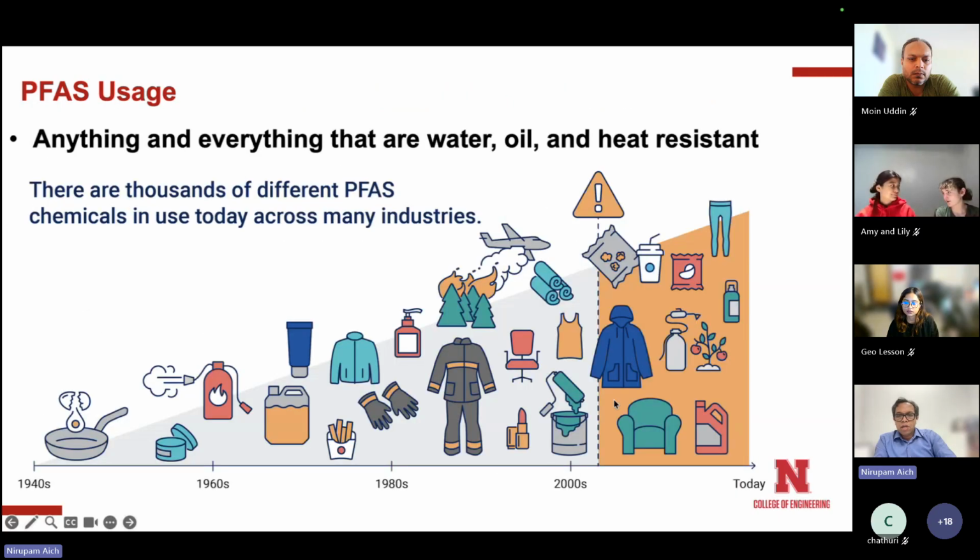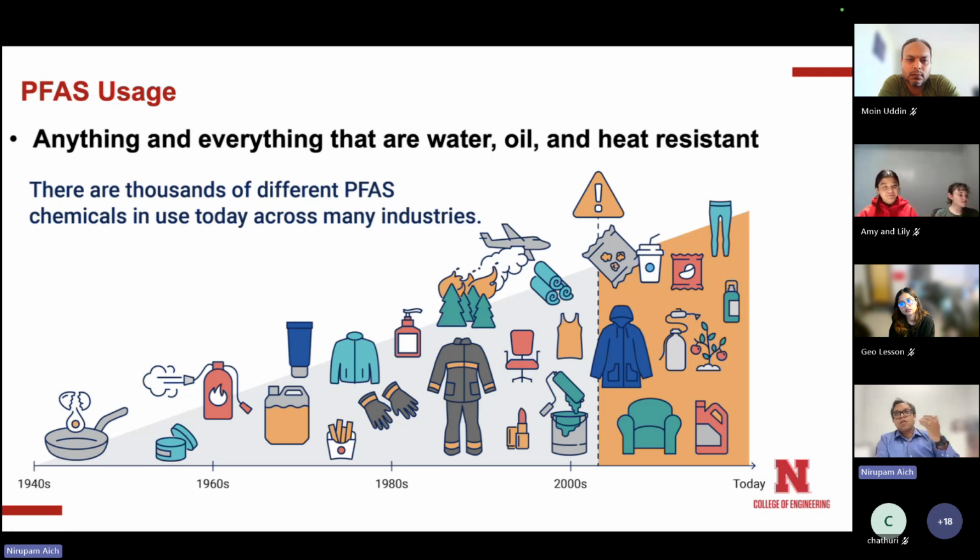First of all, if you look at the product side, think about non-sticky cooking pans, food products, food packaging, right? Think about the Starbucks cups. We think that Starbucks cups are good because they are made of paper, right? But how does paper not get wet with water in it?